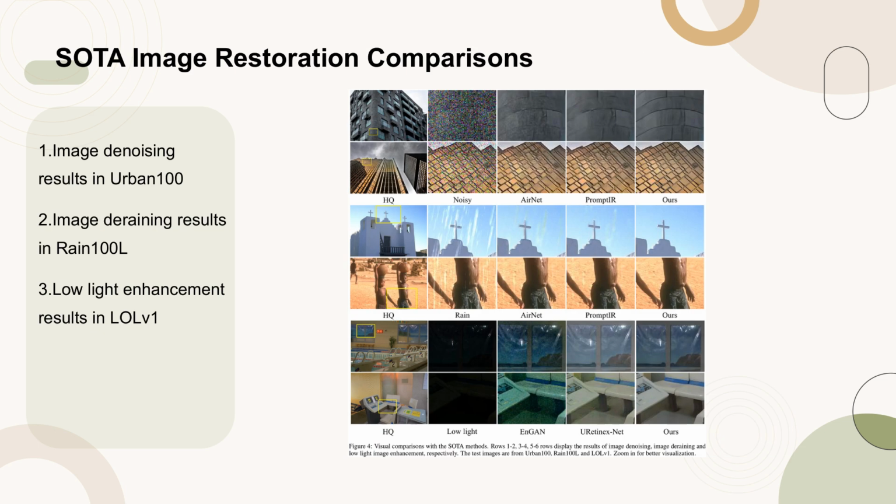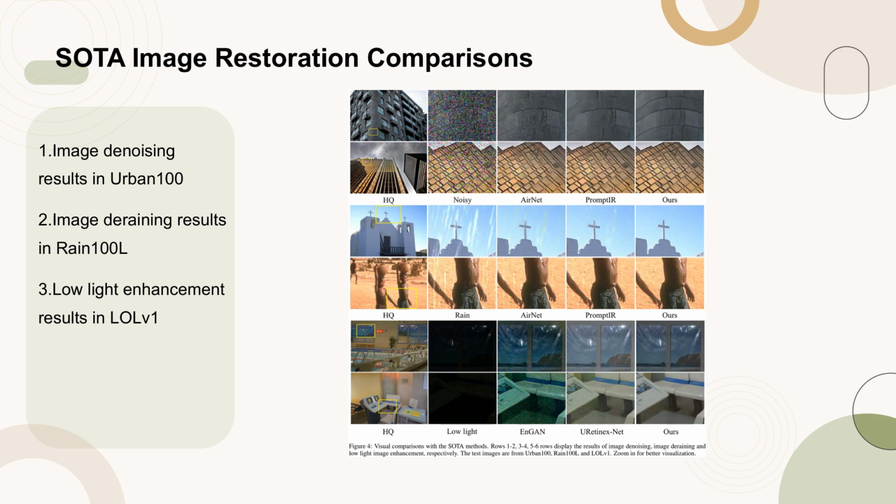Figure 4 presents visual comparisons of our method with state-of-the-art, SOTA, approaches across 3 image restoration tasks: image denoising, image deraining, and low-light image enhancement. The first 2 rows show the results of image denoising on the Urban100 dataset, where our method effectively removes noise without causing excessive blurring.